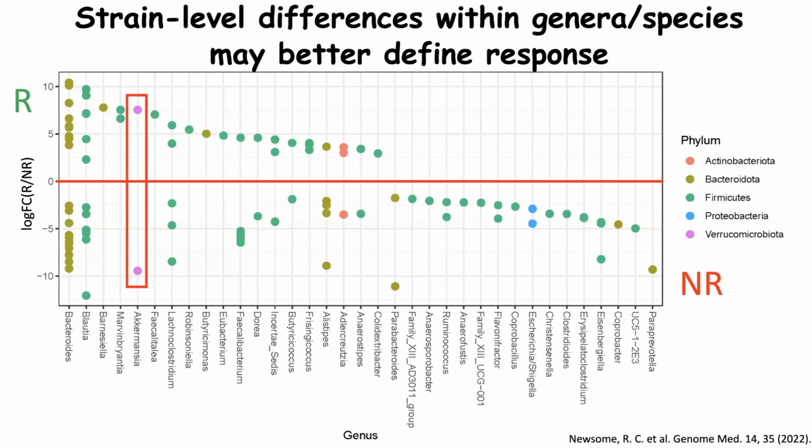What you could see is that here's the Akkermansia group that the French and the Korean groups identified. We have one species that associates with responder and one species that associates with non-responder, exactly what these two groups published. So what it means, it's very complicated, okay? And the most abundant bacteria that we found in the mouse that associate with responder or non-responder is Bacteroides.